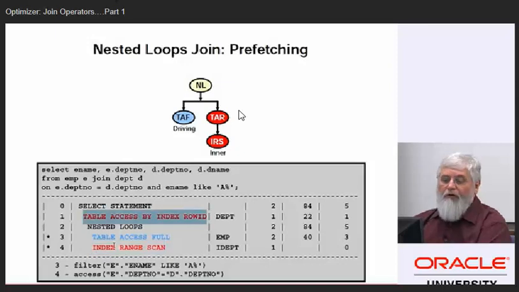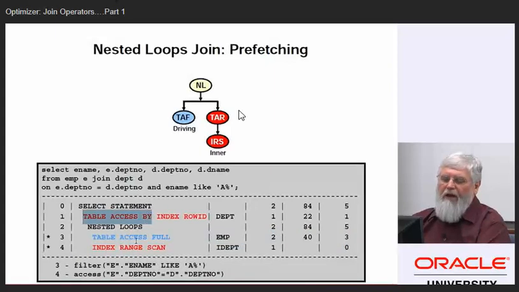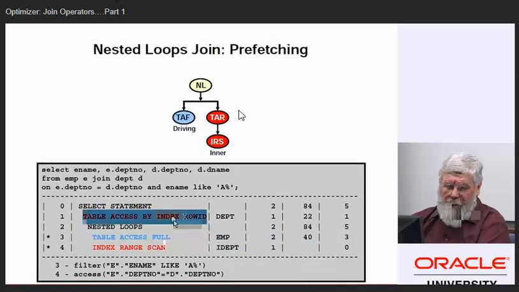So we show an index scan and a full table scan of the other one, but once we do the range scan, we have to probe the table using the row IDs. We just moved it above to indicate that we did a little optimization to batch up the row access. Probe it a number of times for a number of keys from the full table scan instead of just probing it for one. It tends to reduce the number of rereads we have to do in some cases.